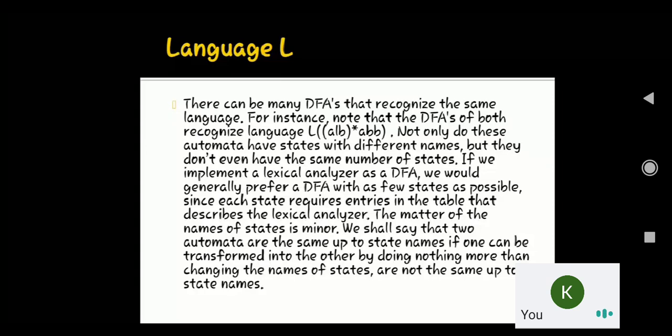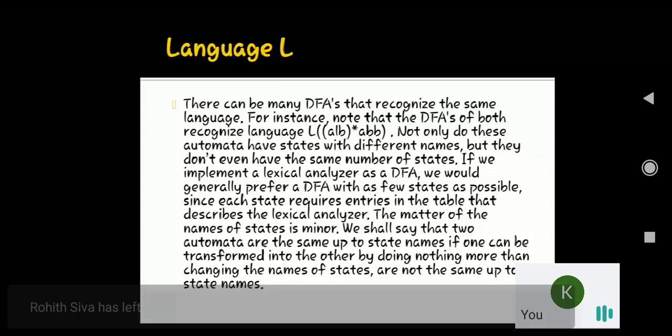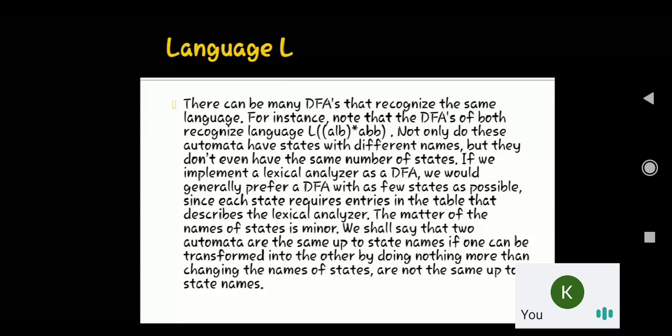So on what basis are we going to make this conversion, reducing the number of states from 5 to 4? On what basis are we going to perform this?